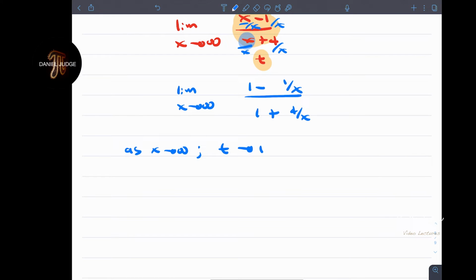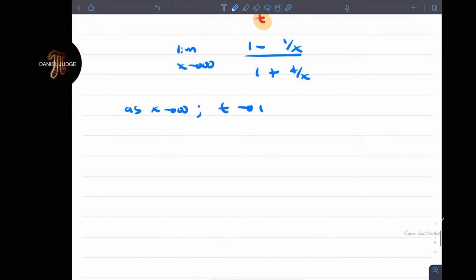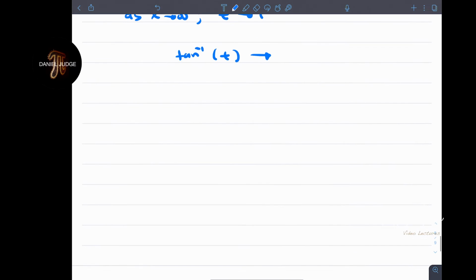All right. So we need to know what the inverse tangent of t goes to. Right? Because t is going to 1. So you're going to need the curve for the inverse tangent here.